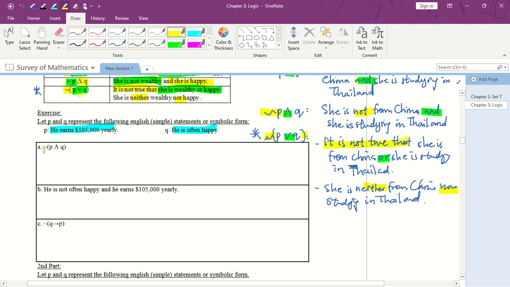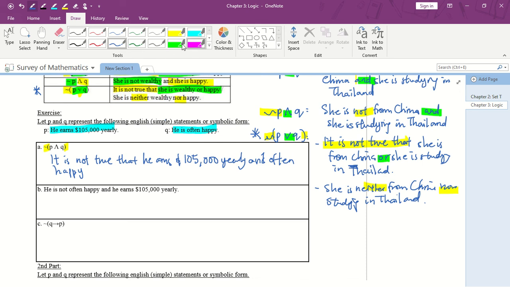Since it has a negation and the parenthesis, we always will add it is not true that, then P and Q: he earns $105,000 yearly and often happy. Whether you want to add he is also okay.